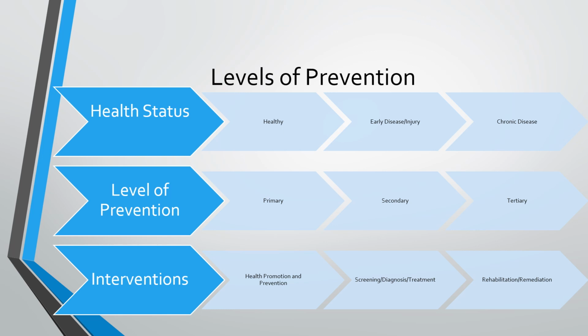Examples of this would be any of the screenings that you may be a part of, such as mammogram. It's an at-risk population that is referred to get a mammogram, and the mammograms pick up cancer before people have developed symptoms, so it's more easily treatable.